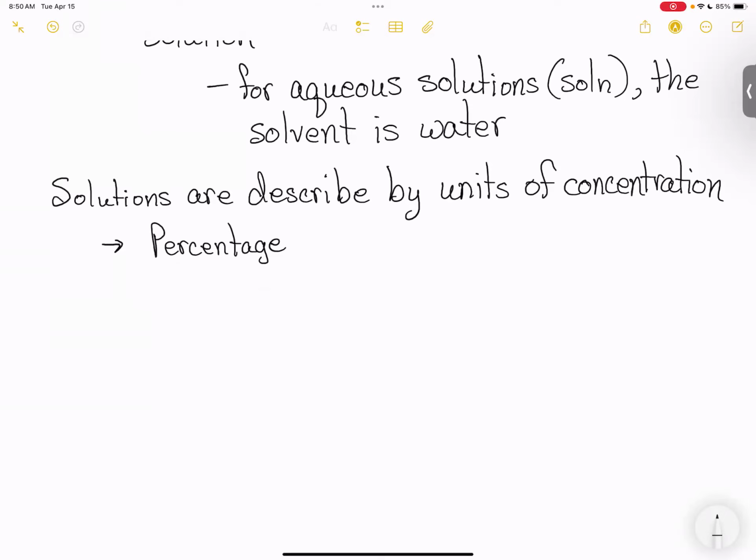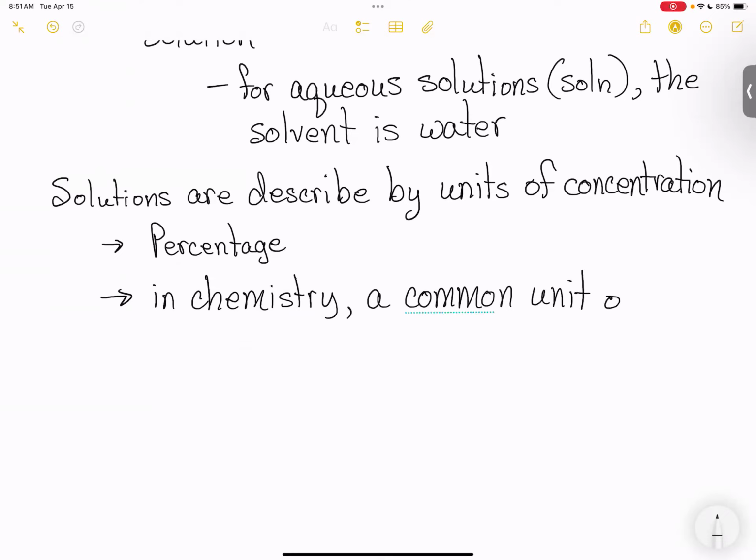But now in chemistry, a common unit of concentration is molarity.